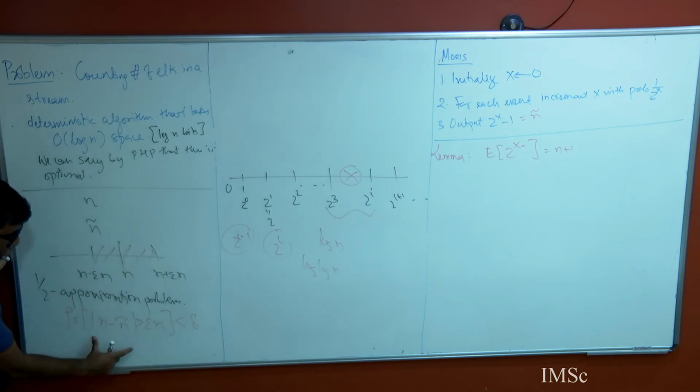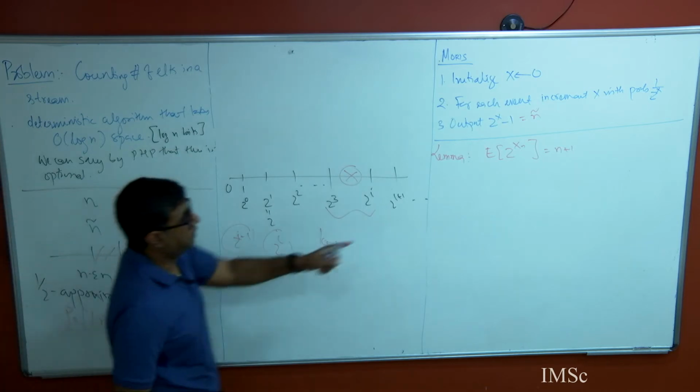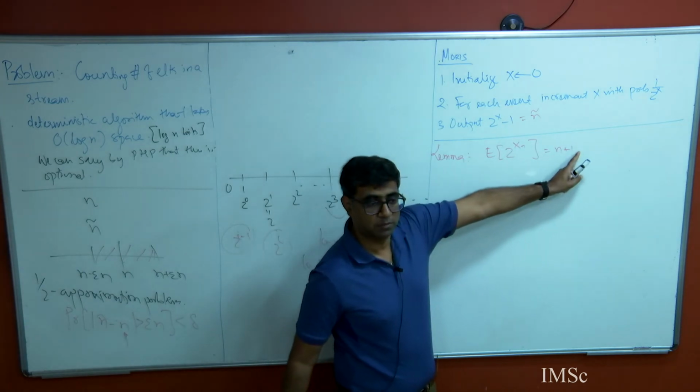So what does this tell us? If my n tilde is a random variable, what is n tilde minus n? N is basically the expectation of n tilde, because the expectation of 2 power Xn is n plus 1.